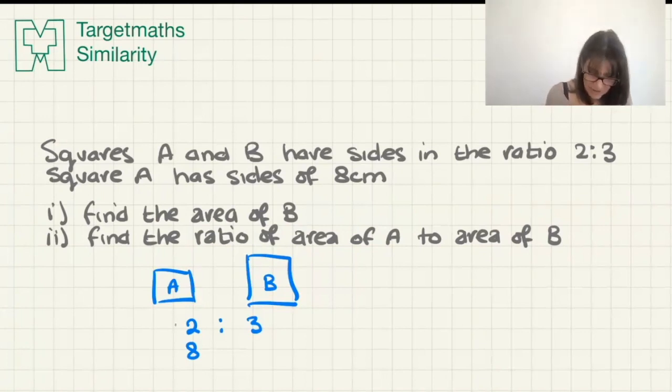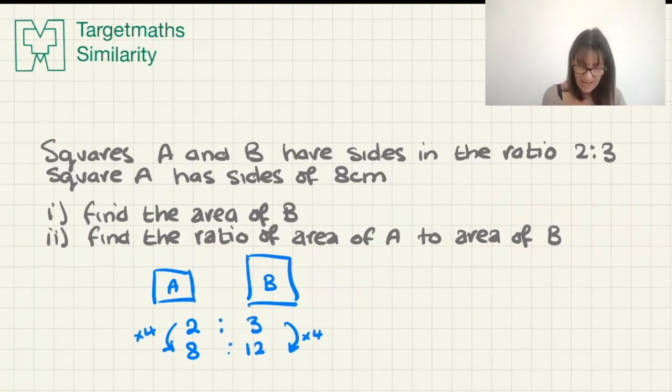To get from 2 to 8, I had to times by 4. So I'll do the same this side, times by 4. And that will give me a 12. So I now know that the edge of A is 8. And the edge of B, let's mark it on, that one's 8, that one is 12.